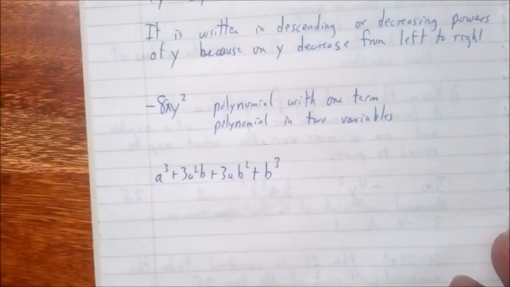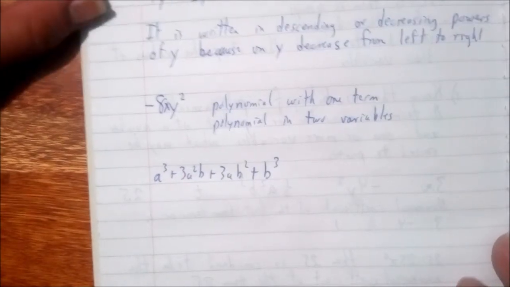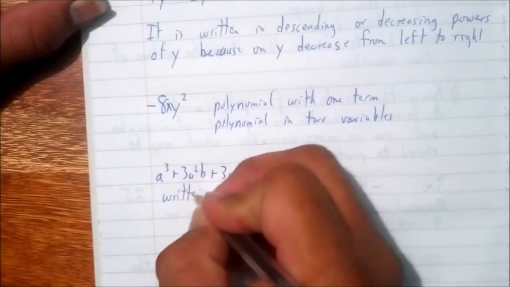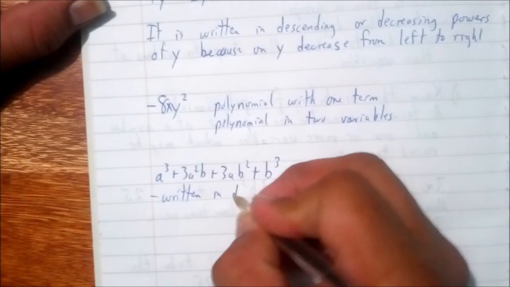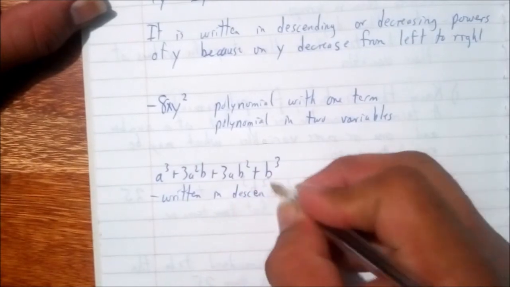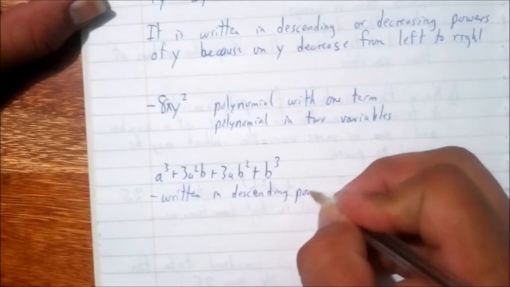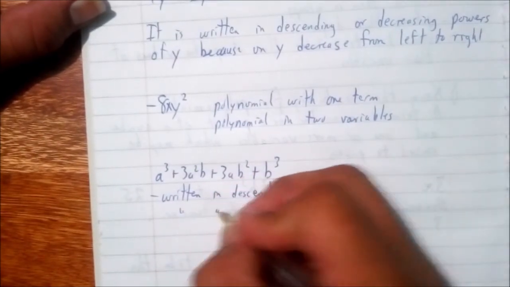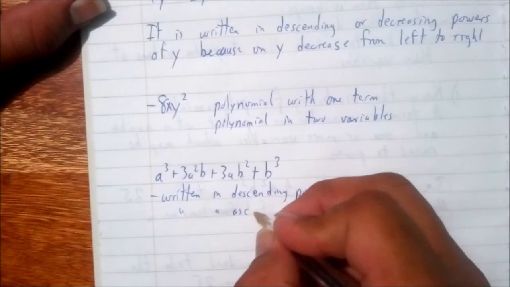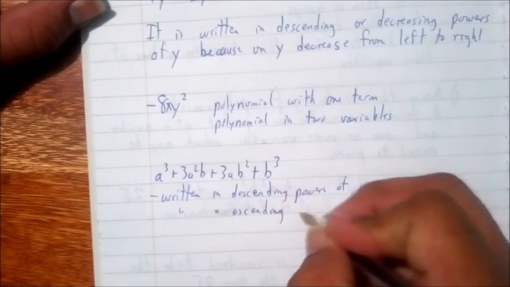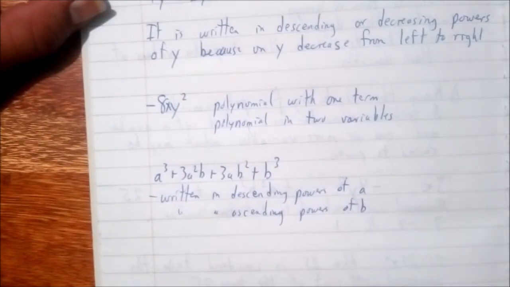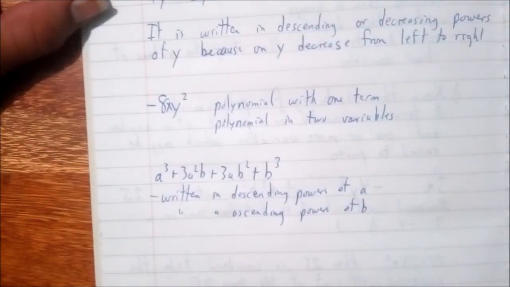So this is written in descending powers of a and ascending powers of b, because they are increasing. So that's basically it for the polynomials.